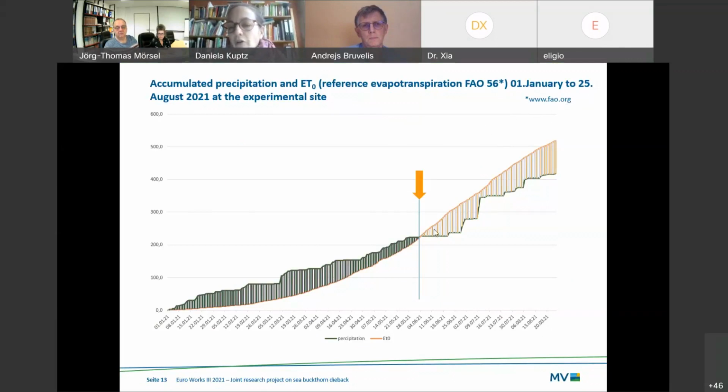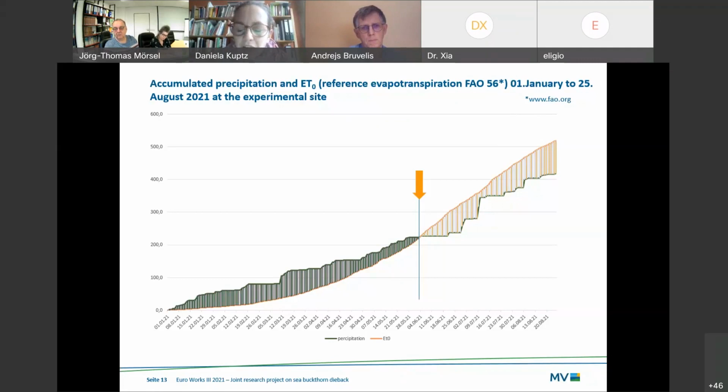This orange line shows the evapotranspiration only of grassland, and it's counted from our weather data. So I put the rainfall into the calculator, I put the sun intensity, and I put the wind in, and I was counting it only for grassland.